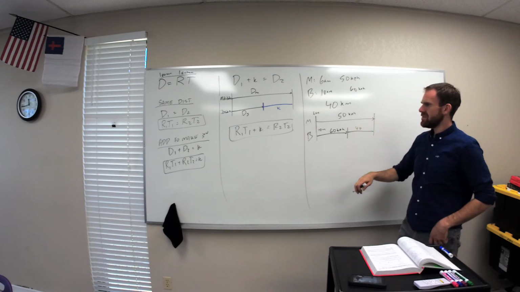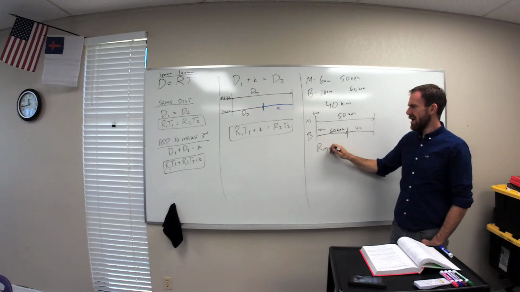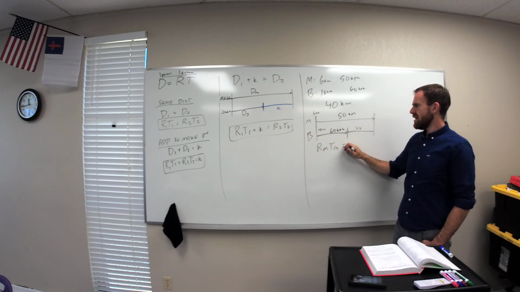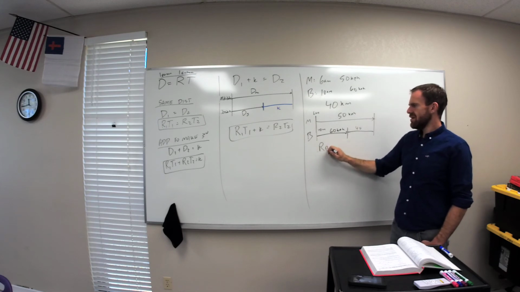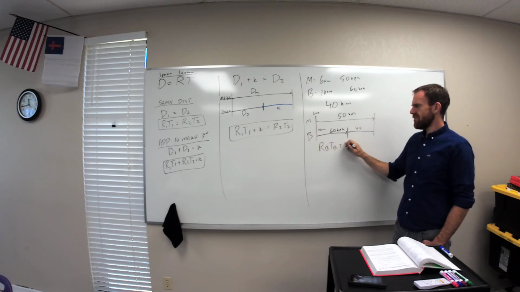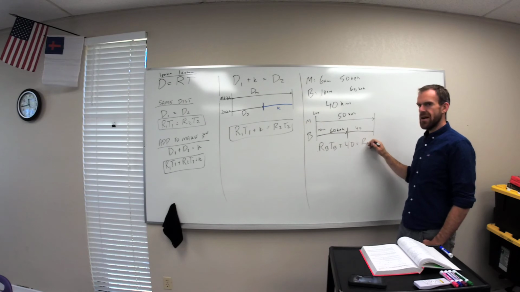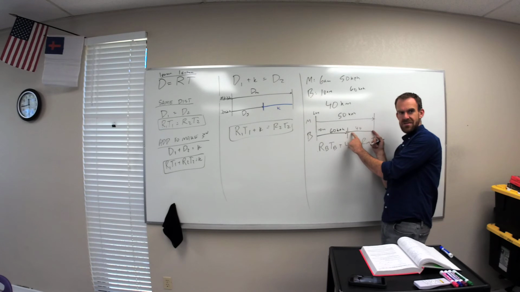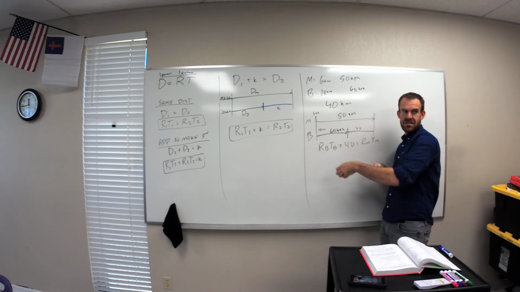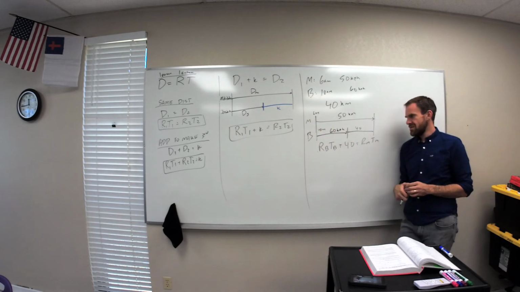So what would my equation be? Well, Rm Tm equals, I did that backwards. Let's do RB TB plus 40 equals RM TM. Why? Because Beauregard's distance plus 40 is the overall distance that Millicent traveled.